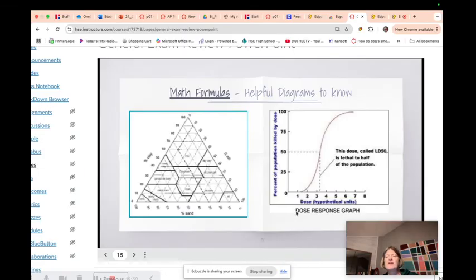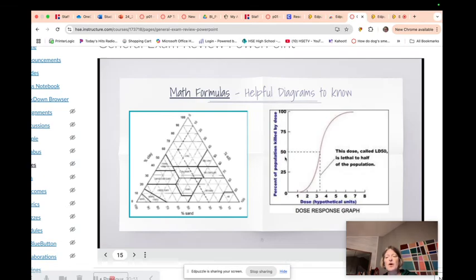Then make sure that you understand dose response curves. So if this is our dose response curve for a certain chemical, you can see how much the dose would be, that is the LD50 dose, when 50% of the population dies from that. So if it's a percentage on the y-axis, just go to 50%.